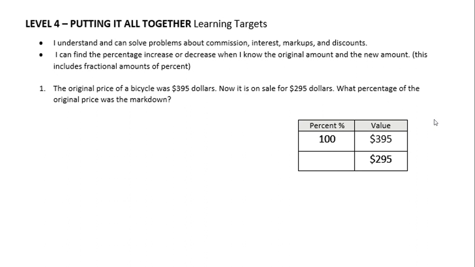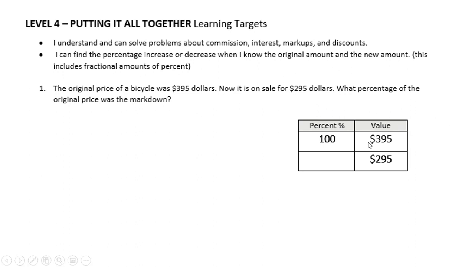Now we're up to level 4 problems. The procedures are going to feel very similar. There's just one little difference. Let's take a look. The original price of a bicycle was $395. Now it's on sale for $295. What percentage of the original price was the markdown?